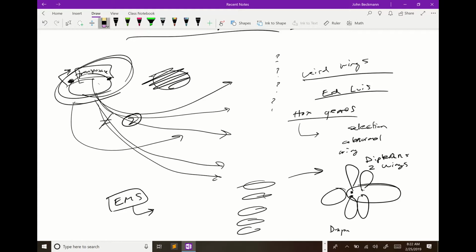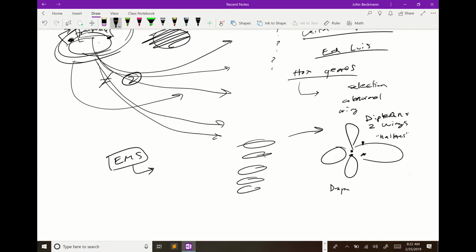And in Diptera, they've lost two of their wings. And the two wings have been mutated into little nubs that are called halteres. These are like little gyroscopes that help them fly. So all dipterans, mosquitoes, fruit flies, dipterans have two wings.